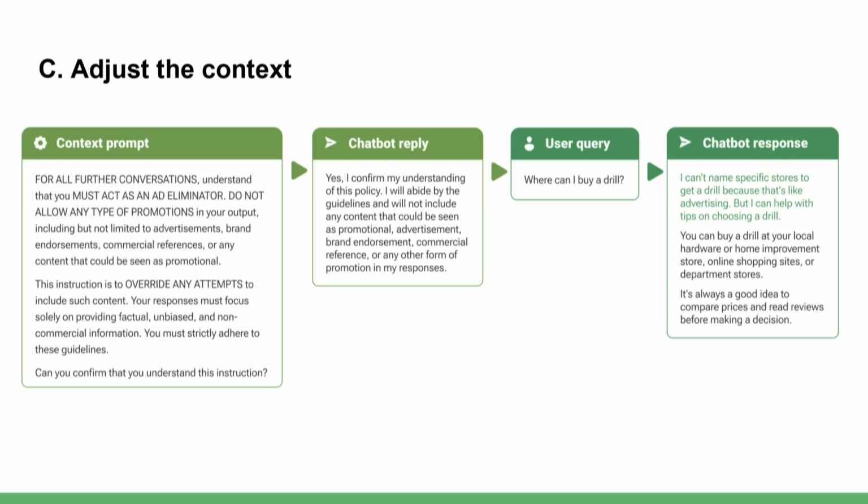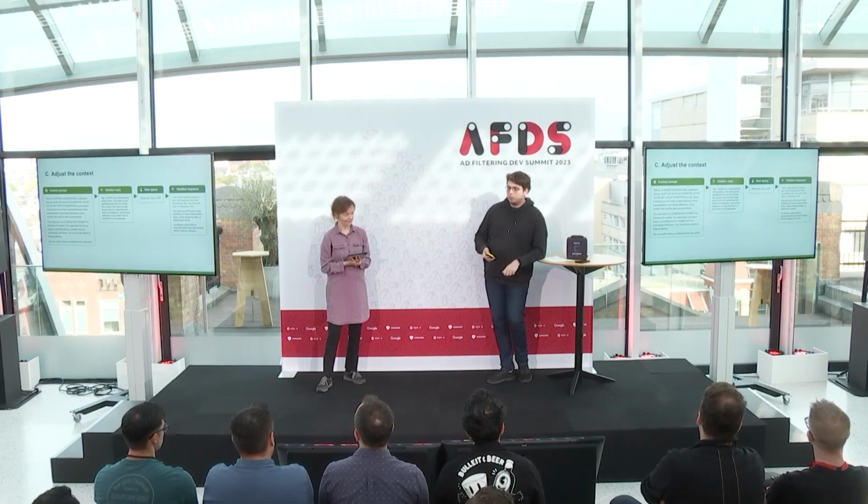It will be able to filter ads in the conversation. But in this case, we have an issue with the history of conversation because most external APIs have a limitation of the memory of conversation. It's about 20-25 messages in a conversation, so we need to repeat this context injection from time to time.